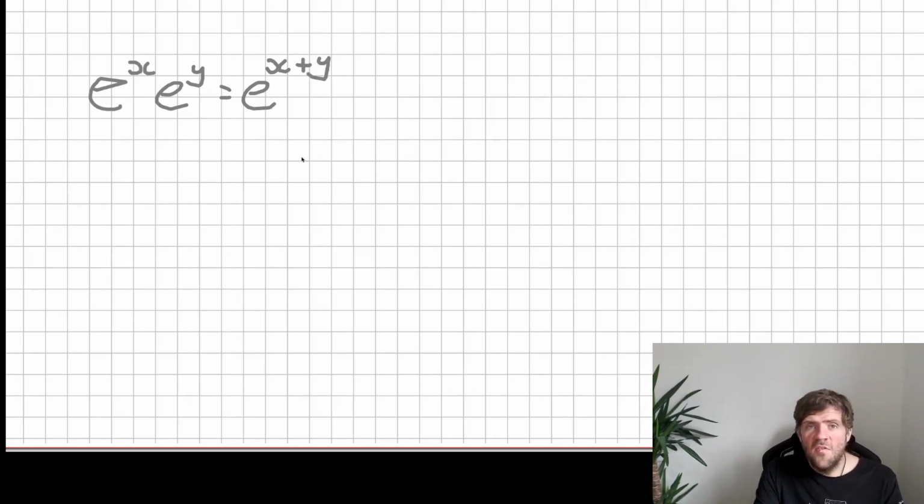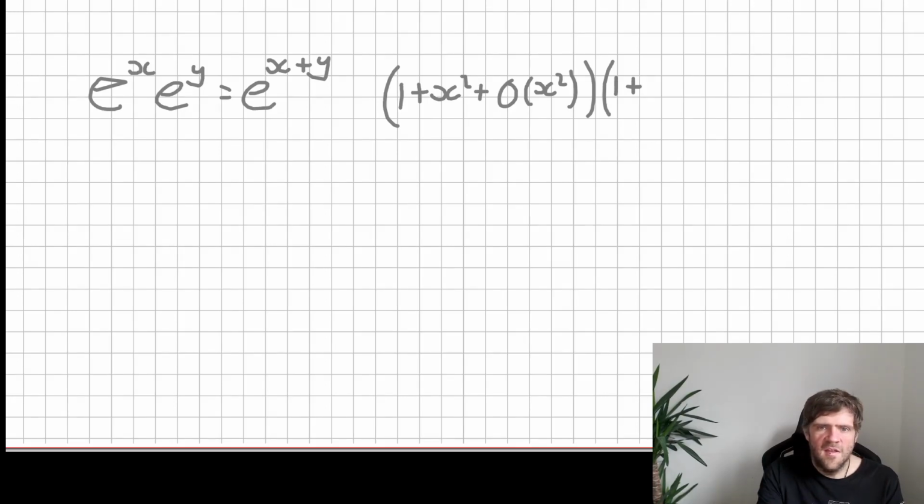And one way to prove this is to do the Taylor series of each of these things. So you can express e to the x as 1 plus x plus terms of order x squared, and you can express e to the y as 1 plus y plus terms of order y squared.